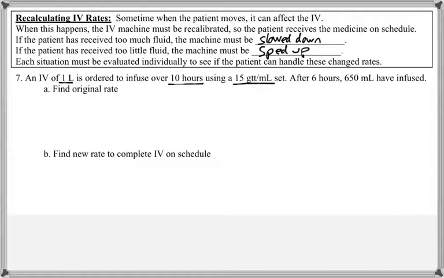So let's look at the original rate. 1 liter is 1,000 mLs. 10 hours is 600 minutes. So using my formula, it's going to be 1,000 times 15 divided by 600.